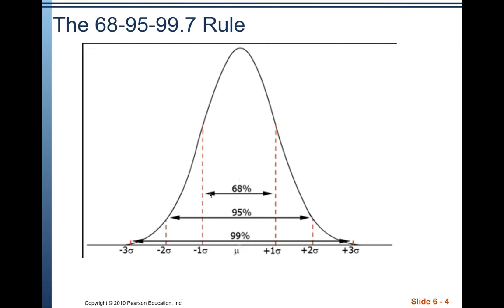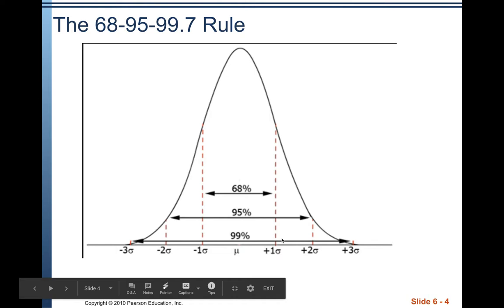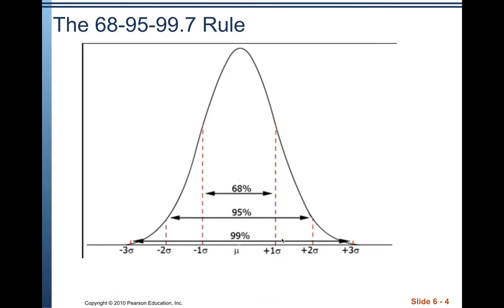And you can see it shows that 68% of the data is between one standard deviation below and one above the mean. And we have 95% and then 99.7%. So this is just a visual representation of what I talked about on the previous slide.